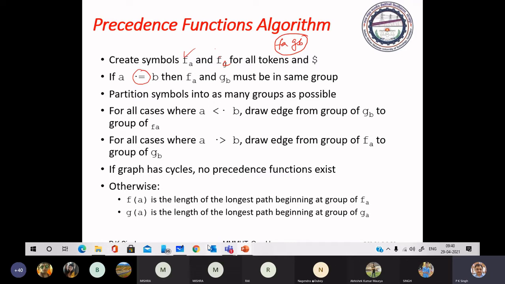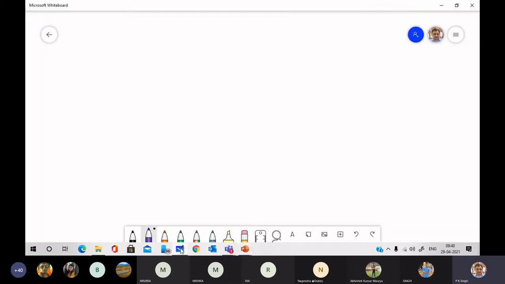You just see here. Now we are going to discuss the assignment of values to the f function and g function.